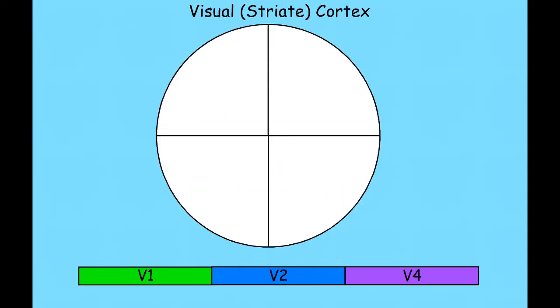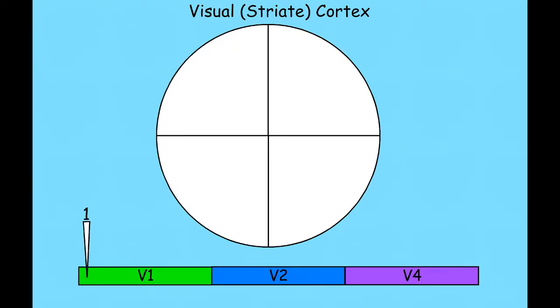And if we want to see exactly how those projections go, let's look at the relationship between area V1, V2, and V4. So remember, lateral geniculate nucleus comes into V1, V1 then projects onto V2, V2 then projects onto V4. And let's do it by locating specific cells' visual field.